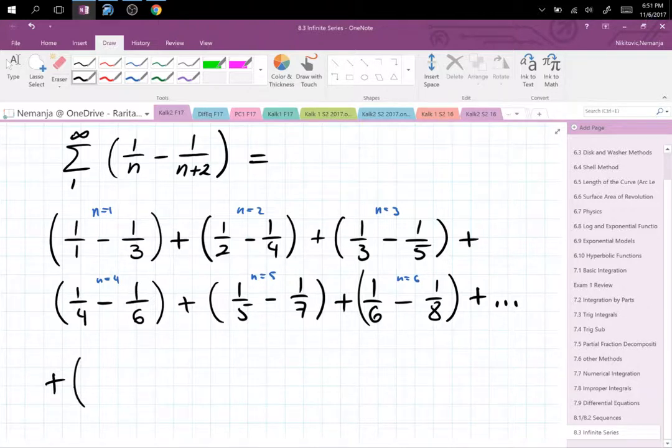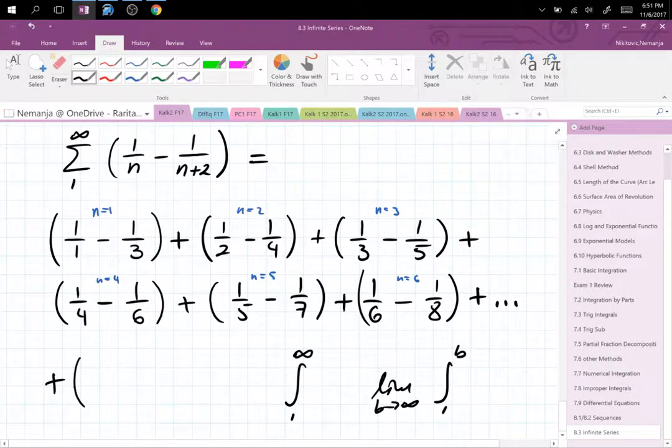So instead of working 1 to infinity, I'm working 1 to k, and then I will send that k to infinity. You remember your improper integrals? You have the integral 1 to infinity, and you said, okay, I'm going to do the limit as b goes to infinity of the integral from 1 to b. You're doing the same thing here. You are replacing infinity with k, and you send k to infinity.